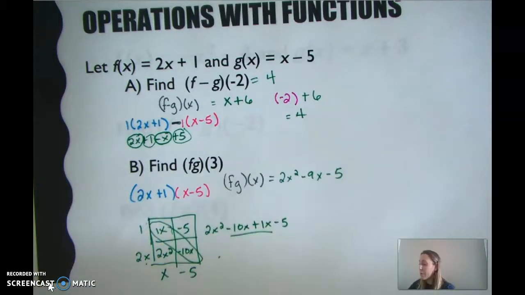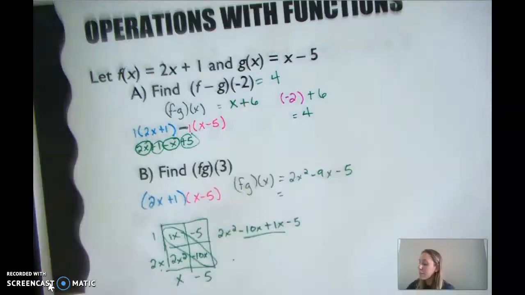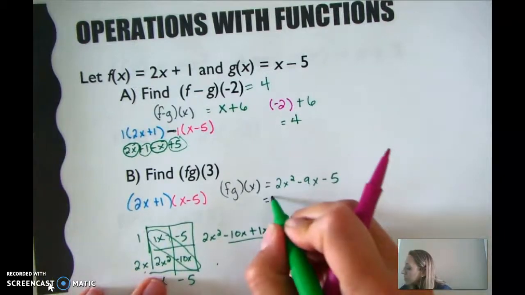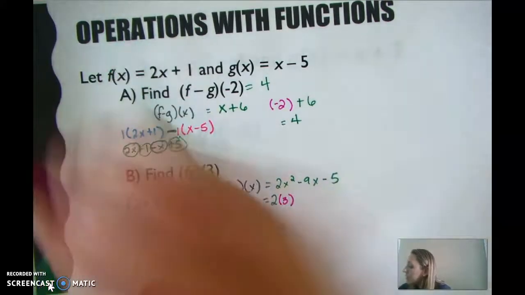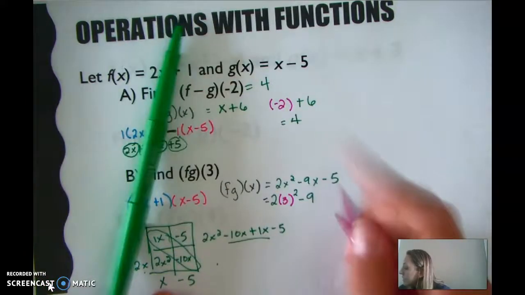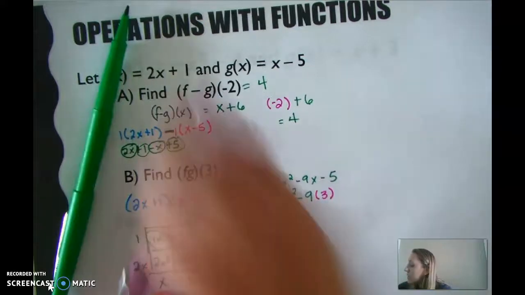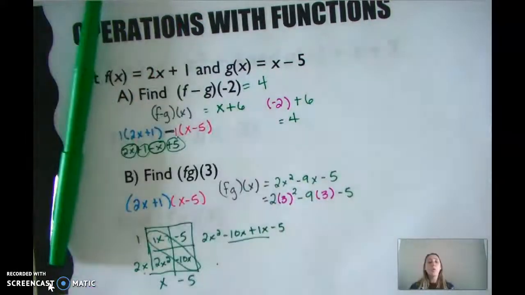Everywhere I see an x, I'm going to plug in 3, so I have 2 times 3 squared minus 9 times 3 minus 5. So I'm going to do that. Order of operations tells me that I need to do my exponents first.